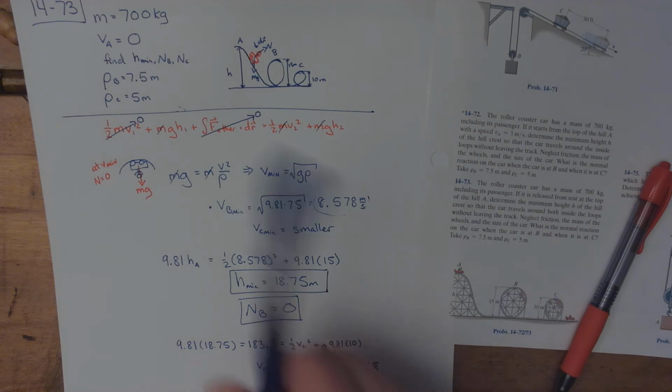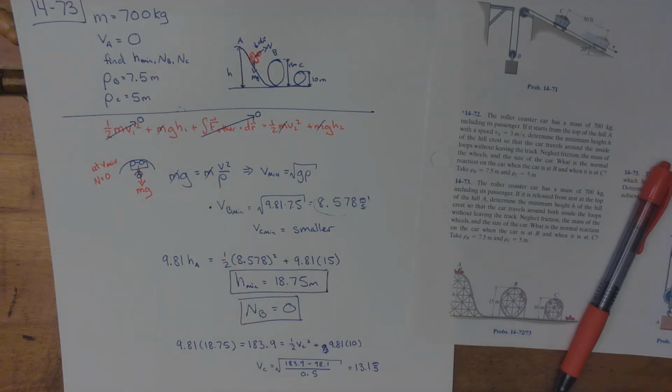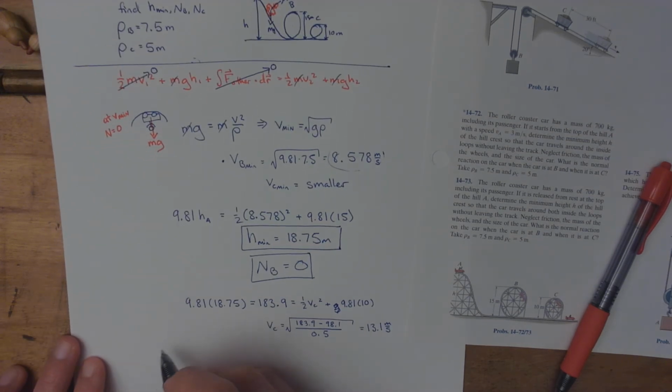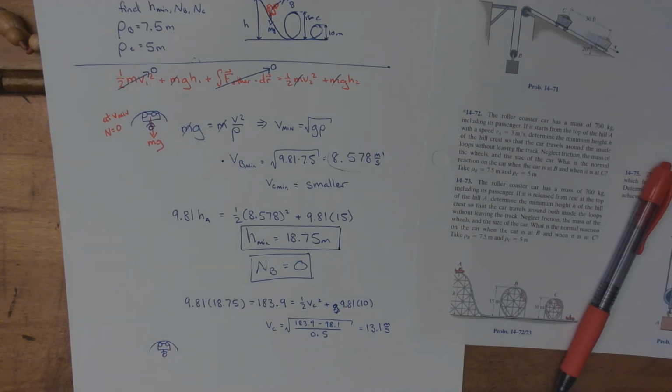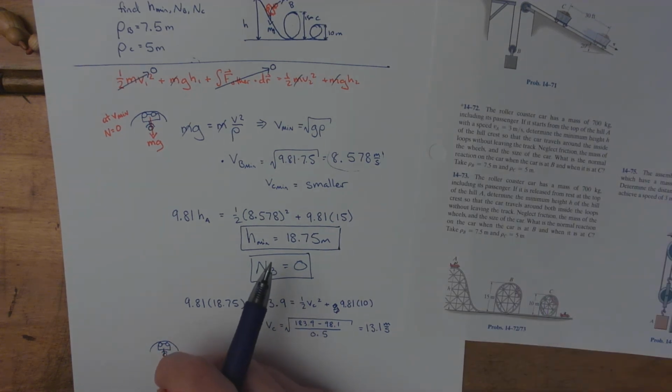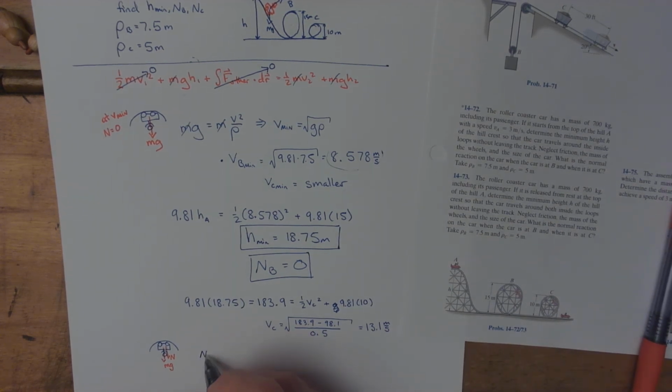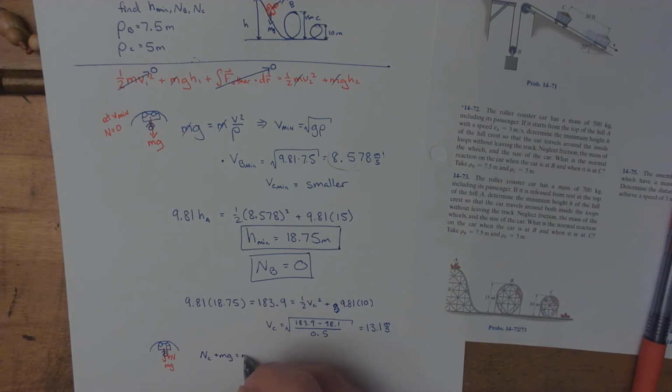But we were asked to find the normal force at C. Well, we can do something similar to what we did here, but now the normal force is not going to be equal to 0. So we have the roller coaster cart upside down at point C, and we have a force of gravity acting downward. We also have a normal force acting downward. Using Newton's second law, in the normal direction, the normal force plus the force of gravity is equal to the mass times the normal component of acceleration, which is v squared over rho.